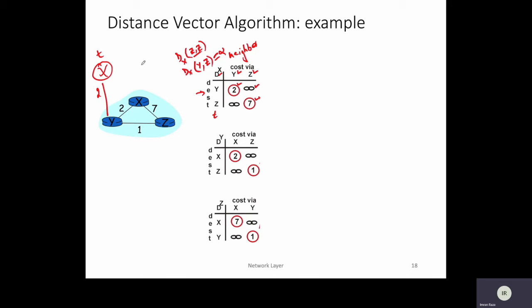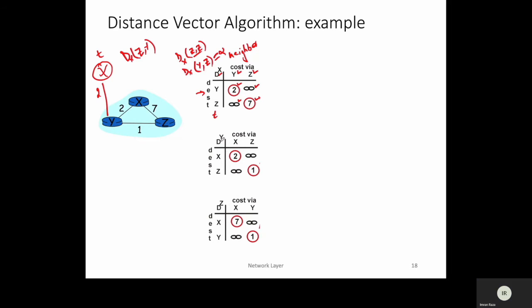I will write it one more time: the cost to reach from X to destination Z via Y. Since we are in the initialization step, Y has not communicated this cost with X. So that's why again it is infinity. So this is the situation in the distance vector table of X in the initialization step.